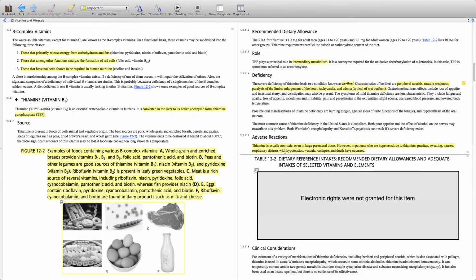That's a lowering of the blood pressure. Vascular collapse and death have occurred. This is if they're hypersensitive. So clinical considerations, a wide variety of manifestations, and the deficiencies include beriberi and peripheral neuritis.